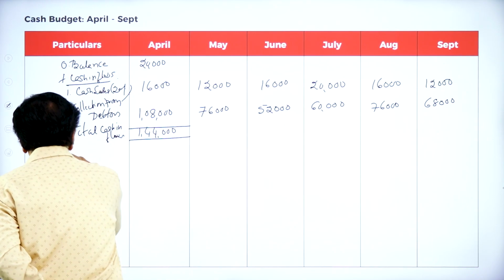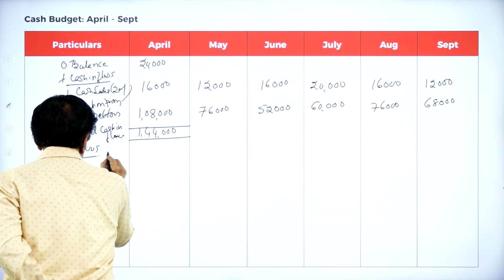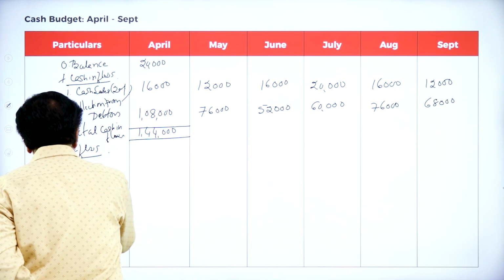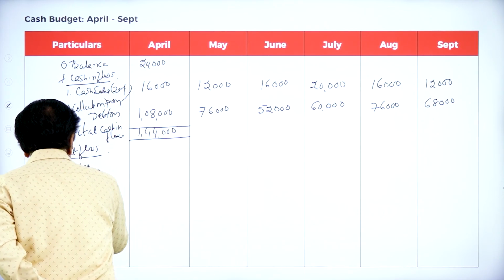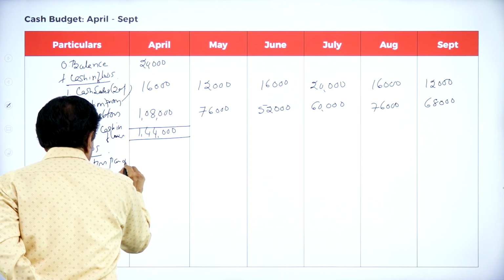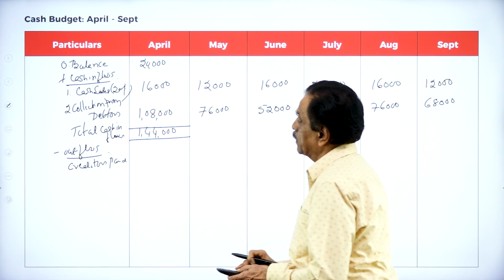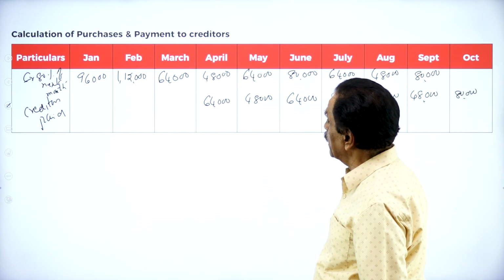Then minus outflow, creditors paid. See how the creditor has been paid here.